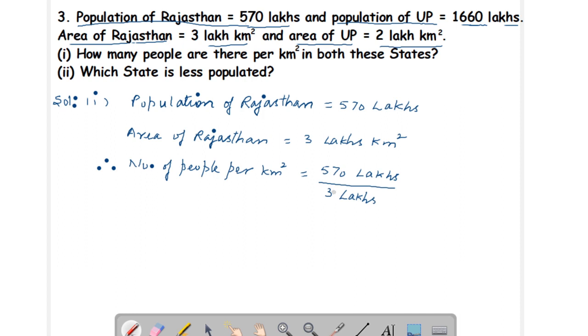Here simplify it. We can cancel this lakh. Again by 3, 3 1s are 3, and 3 9s are 27, 0. That is 190 people.